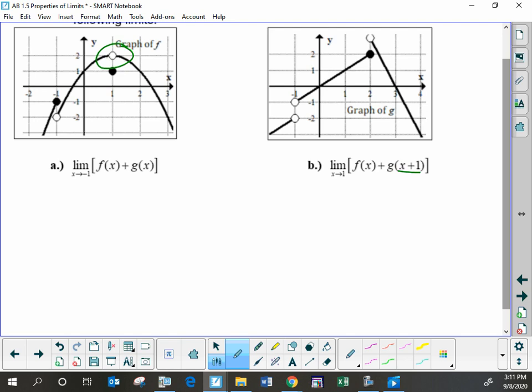G is discontinuous at x equals 2. That's going to force us to evaluate left and right sides once again. So I want to evaluate from the left side of f of x plus g of x plus 1, and then we also need to evaluate from the right side.